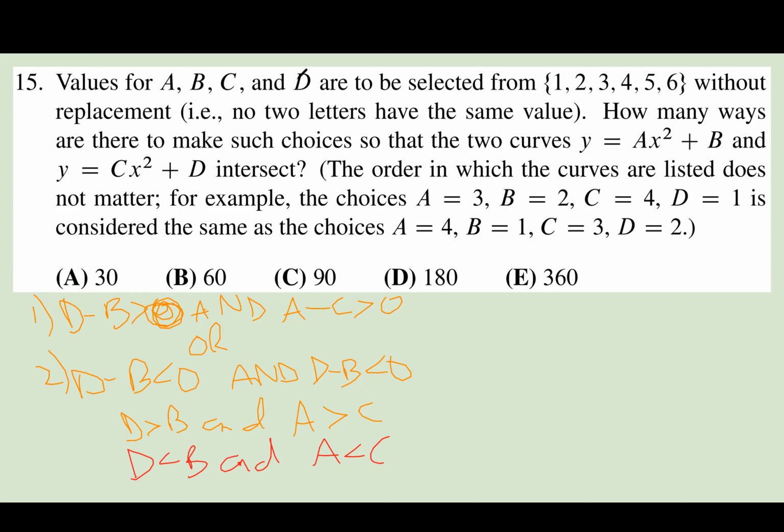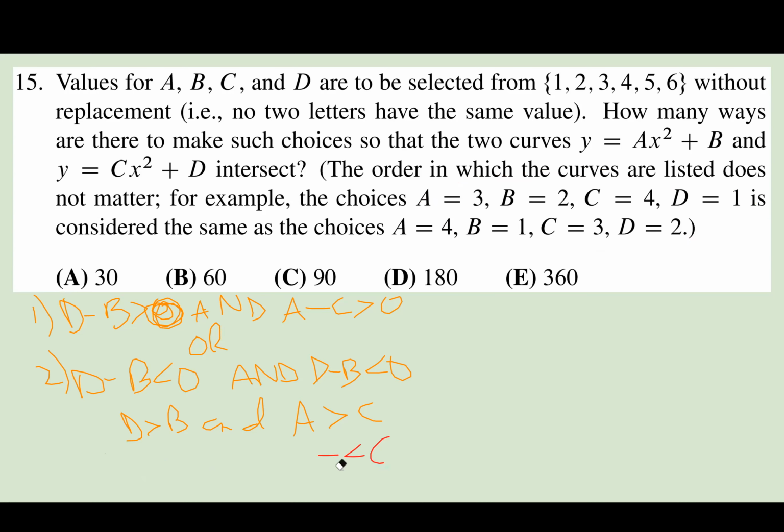If you think about it, it's just reversing a to c and b to d, which switches the inequality symbol, right? But remember how we said that just switching a with c and b with d does not create a new scenario. So we only need to consider one of these cases.